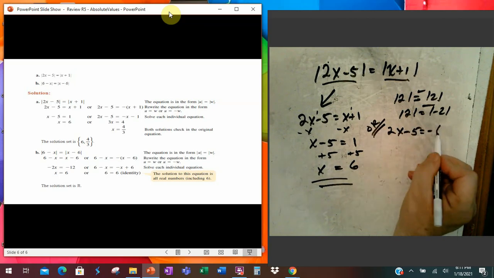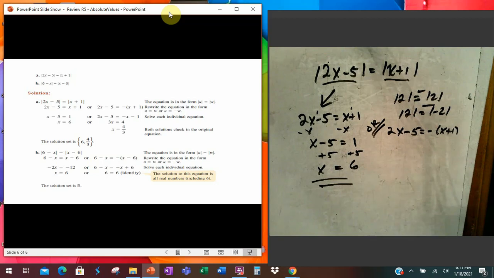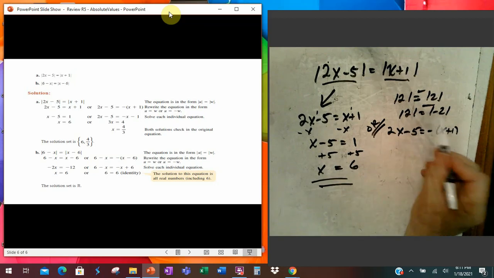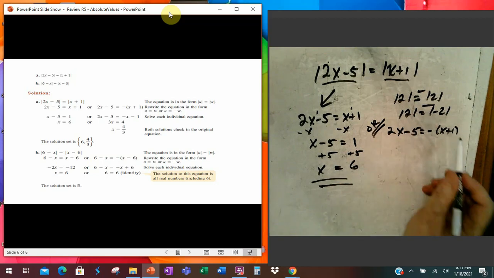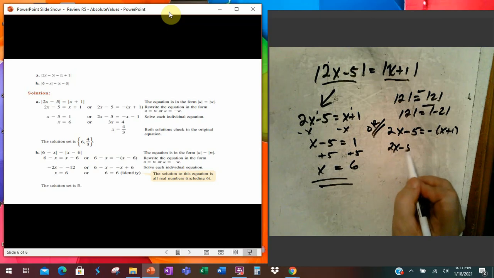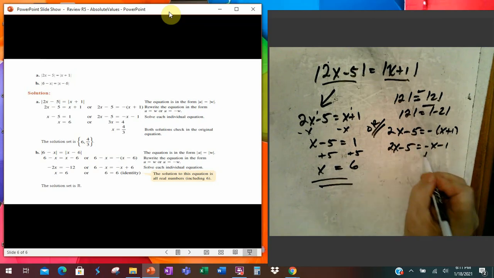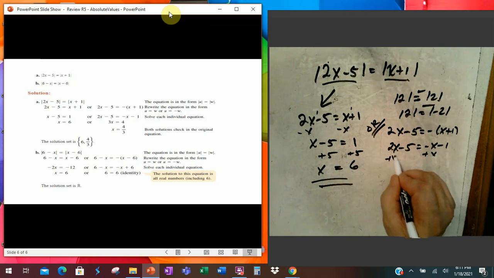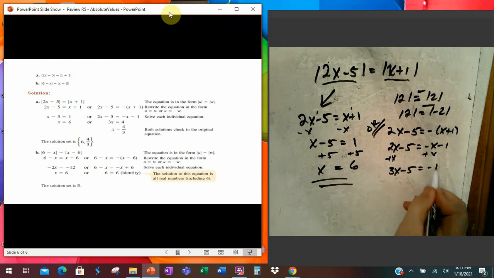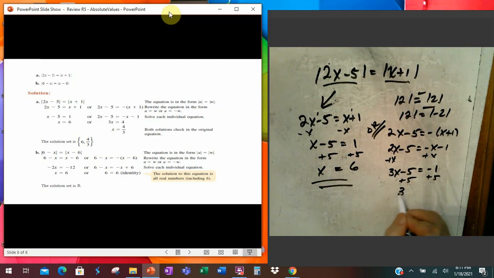Or 2x minus 5 is equal to the negative version. That would be the same thing if I multiply the negative in here. So 2x minus 5 is equal to negative x minus 1. I want to add x to get this over here, and then add 5 to get rid of this one.